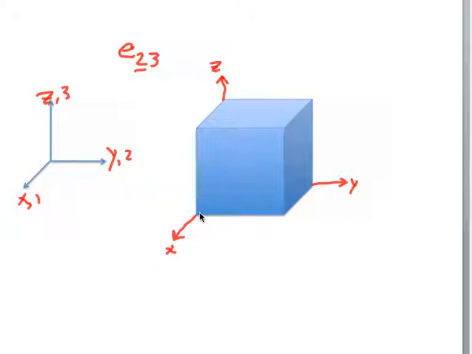So that should be a strain that looks something like the following, depending of course on the magnitude. And we should get a final object of a shape similar to that.